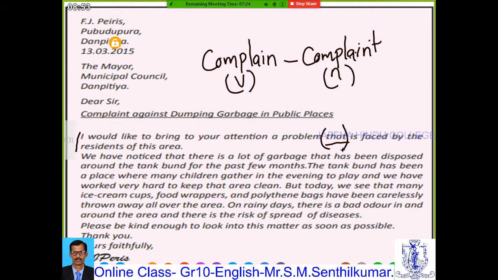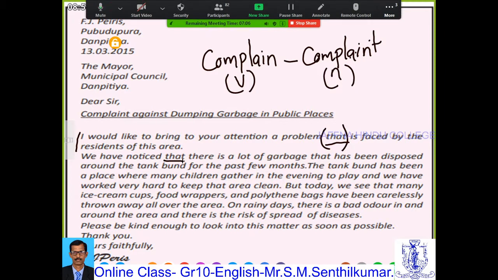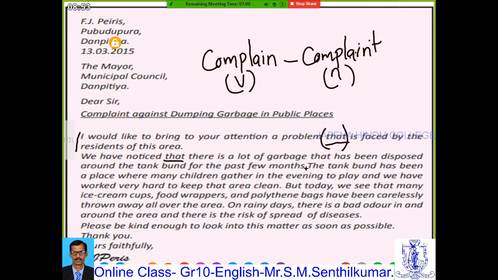Second one, we have noticed, one sentence, noticed that, connecting the other idea, that there is a lot of garbage that has been disposed around the tank bund for the past few months. Full stop. It's a complex sentence. Tank bund, you know, the big ponds are called tanks. Bund is the surrounding area.